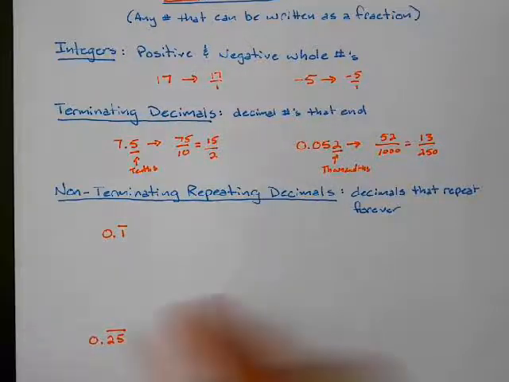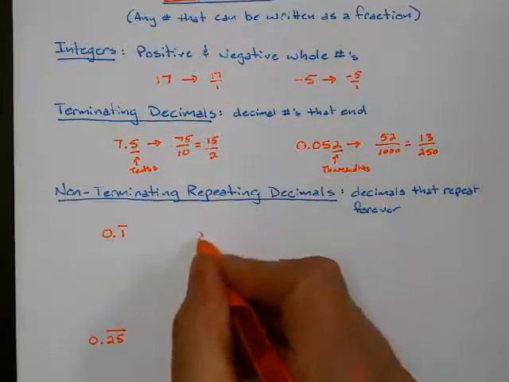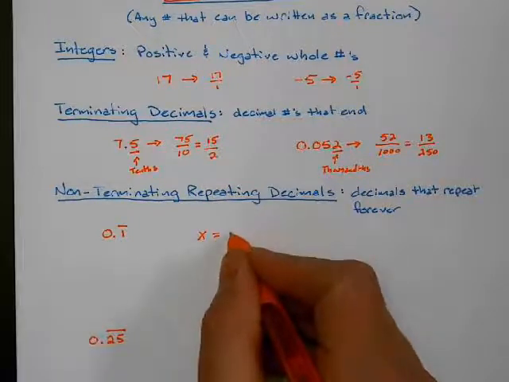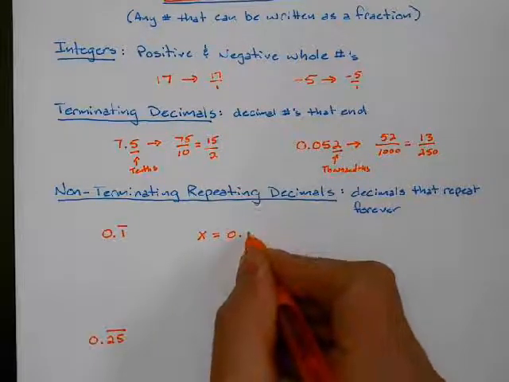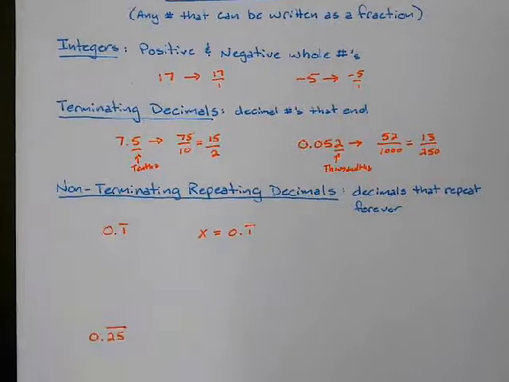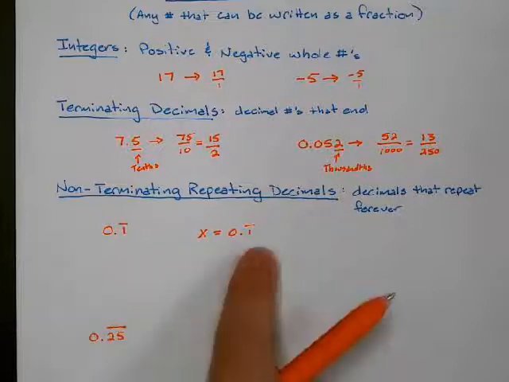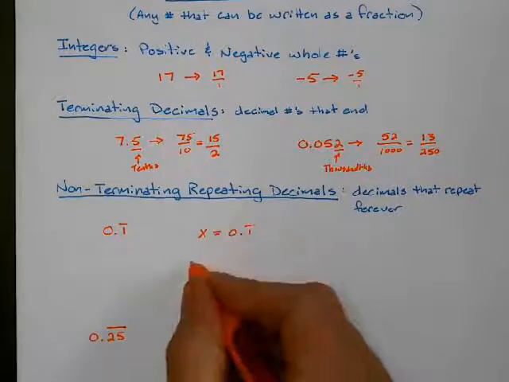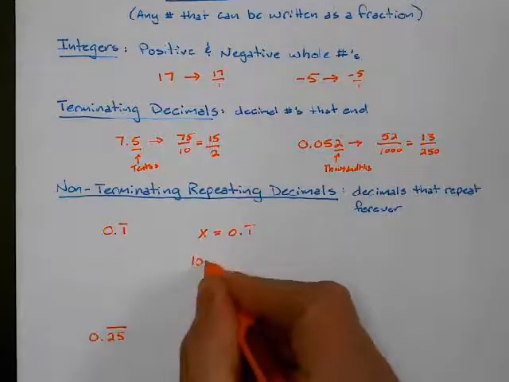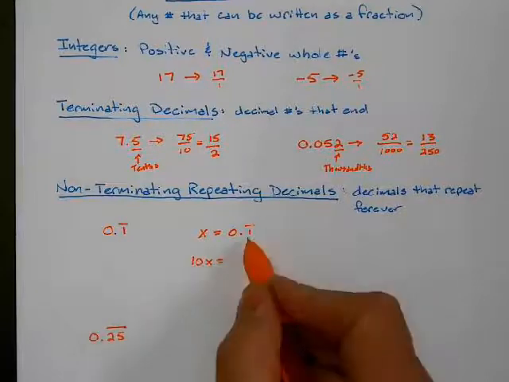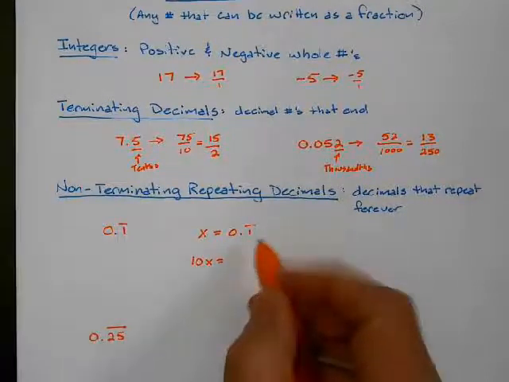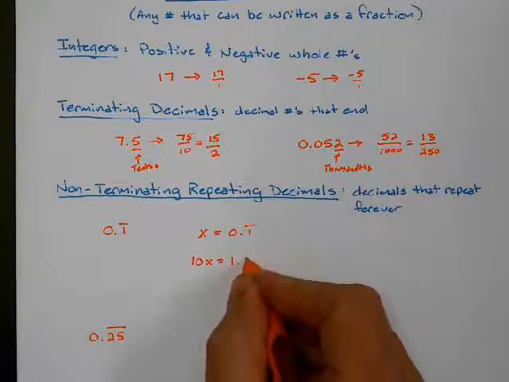First thing I'm going to say is x is equal to 0.1 repeating. That's what x is. Now, if I multiply both sides of this equation by 10, I get a new equation: 10x equals, and remember when you multiply by 10 you're just moving the decimal over, so 1.1 repeating.